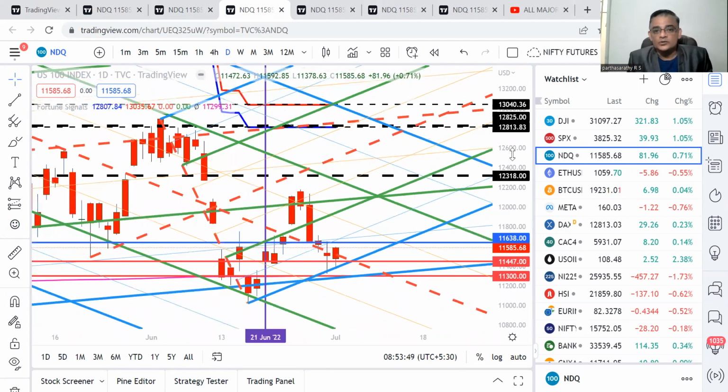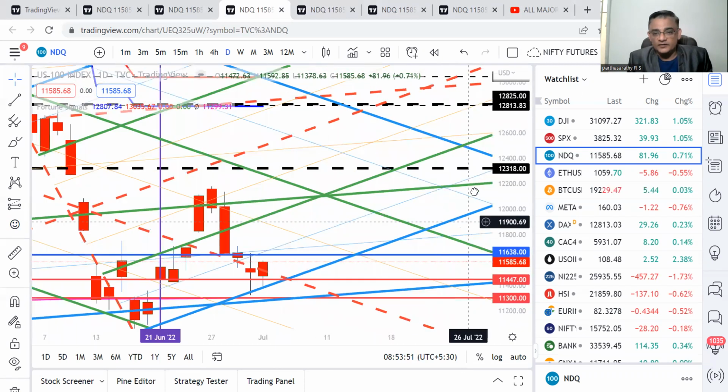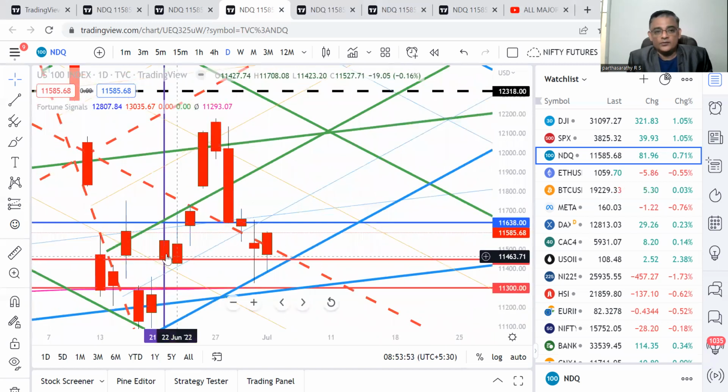Simple. So as of now, after 21st June, Nasdaq has not closed below the 21st June low. Understood? Number one.